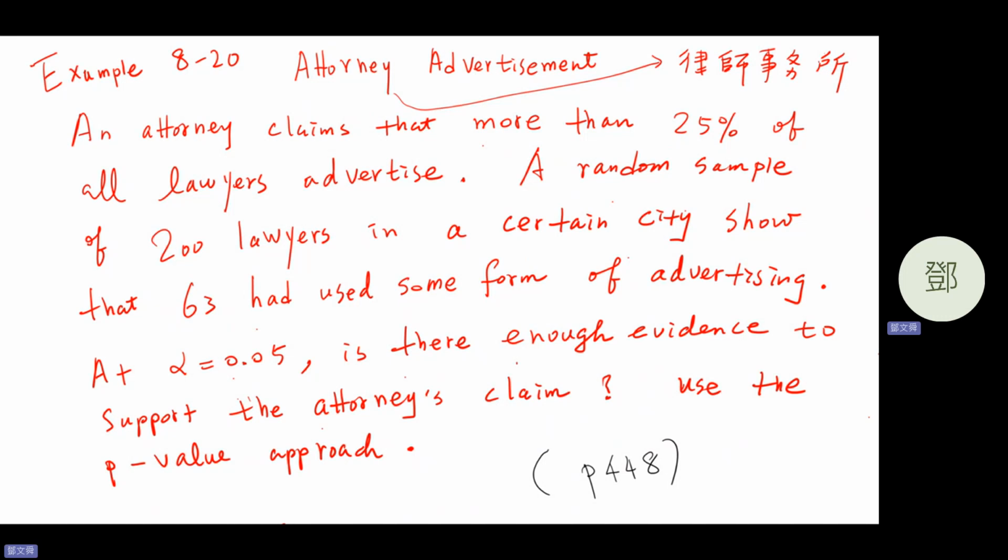The 25% is the population proportion of law firms that advertise. So x is drawn from the Bernoulli population. It is an example about the population proportion.